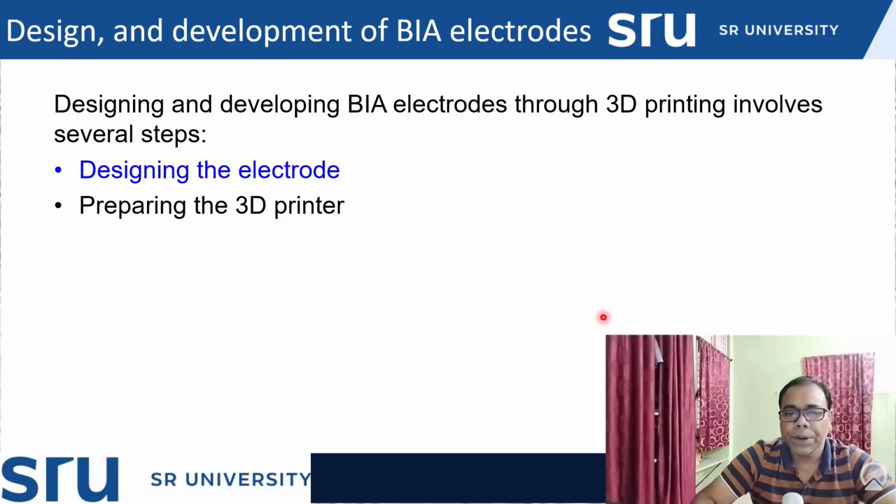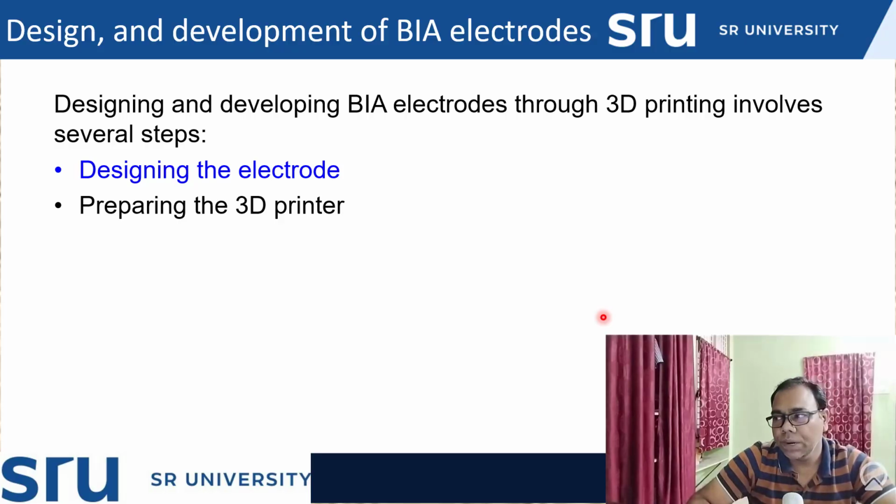Then, preparing for the 3D printing process means that you have to set the parameters in the additive manufacturing machine, whichever machine is used. Similarly, loading the materials, and checking whether the machine power is switched on or off.